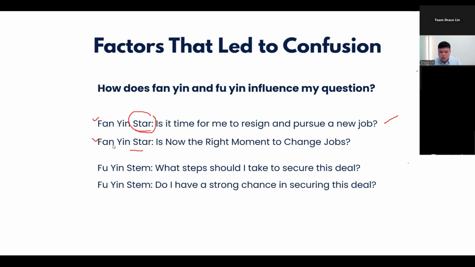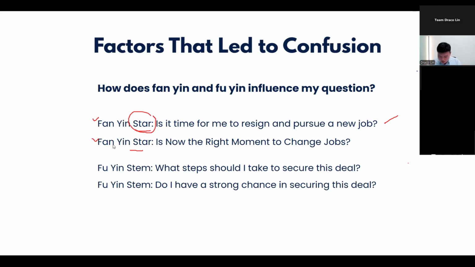I really wish to change a job, because is it time for me? If not, why would he or she ask this kind of question? So if a person comes to you and asks, I want to know, is it time for me to change my job and pursue a new job? When you have a funding star, should it change or should it not change?